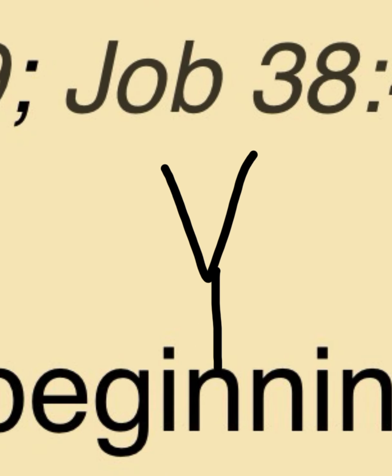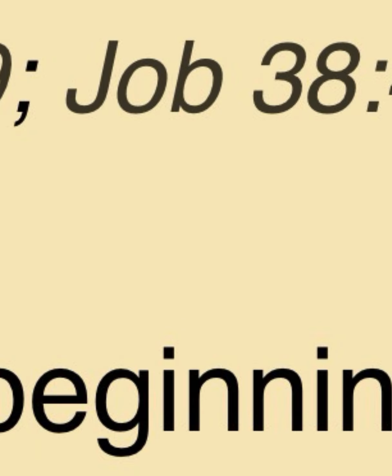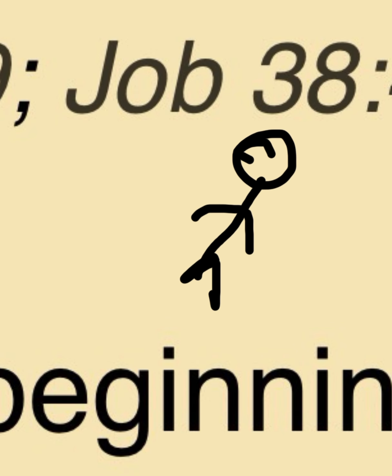V, or the Vav, is written like this. It's 3 sticks or 3 strokes, as you can see. 1, 2, 3, which represents man, woman, and child.